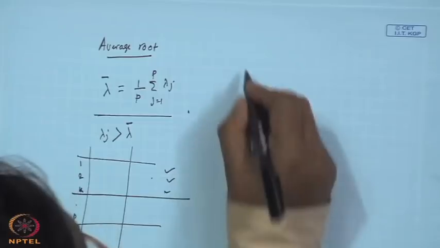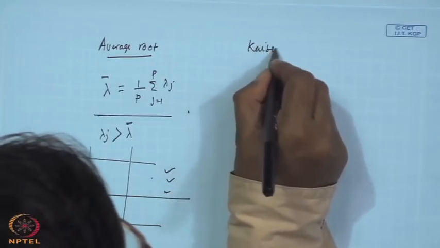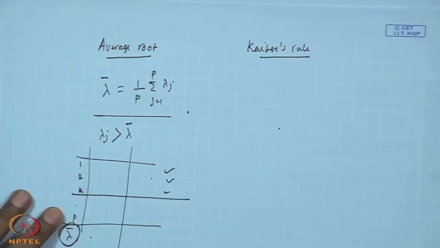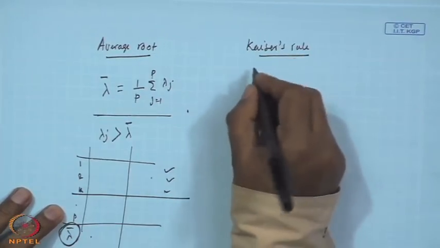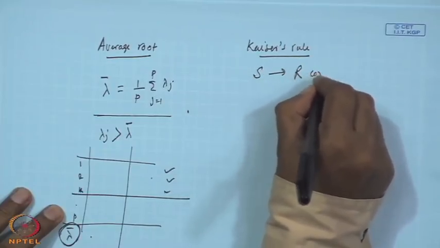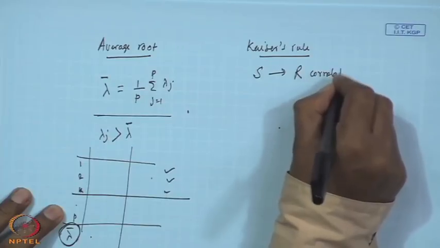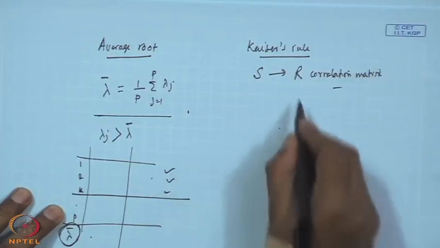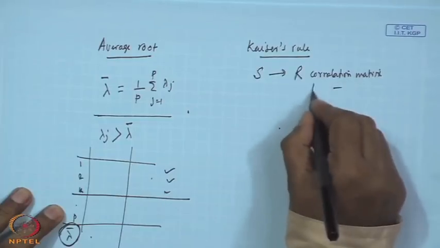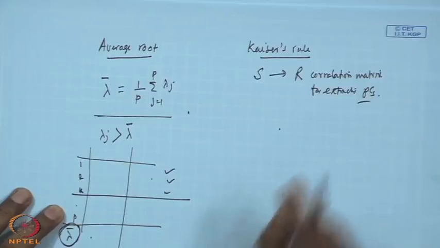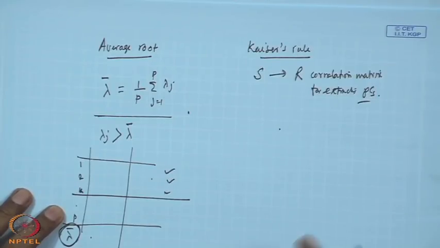There is another method known as Kaiser rule. Kaiser rule says that instead of S, you use the correlation matrix, R matrix, for extracting PCs.